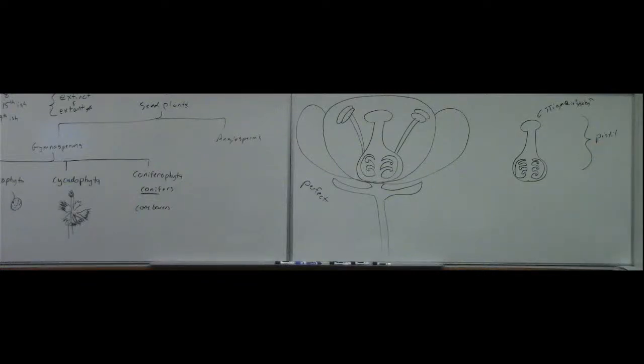This is where we want our pollen to land, and when the pollen lands, we want the pollen to stick, because I've got to get my pollen from the stigma down the style to the ovaries. So the stigma is sticky. This is the style. And these are the ovaries.